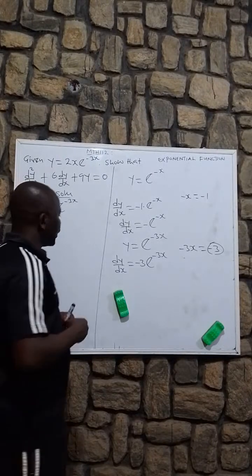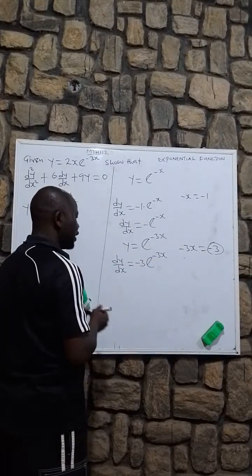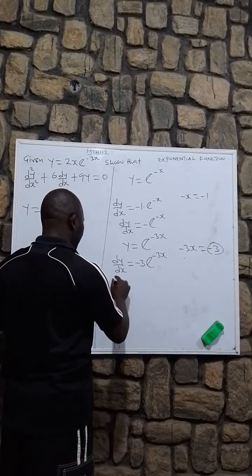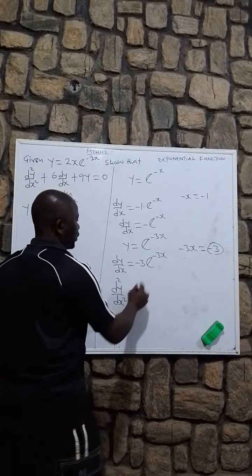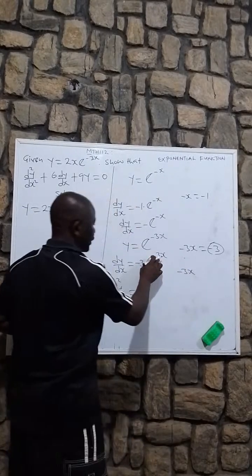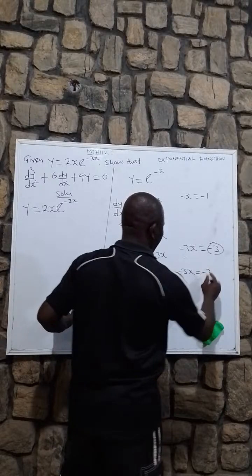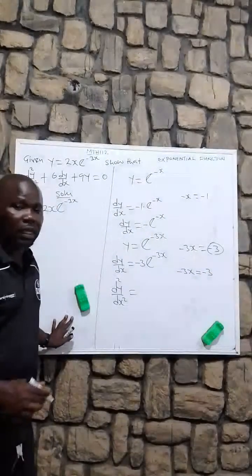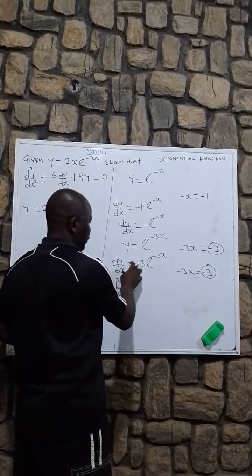Then, if they say differentiate this again, it's the same approach. It means d squared y all over dx squared will now be equal to, assume that you are differentiating minus 3x. When you differentiate minus 3x, you have minus 3. Is that clear? Then use this minus 3 to multiply what is here, minus 3.